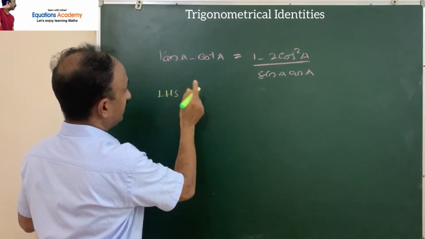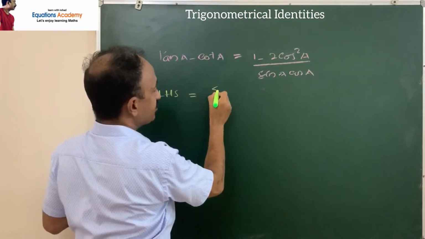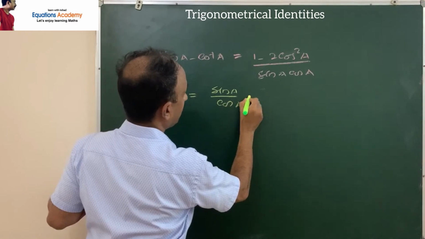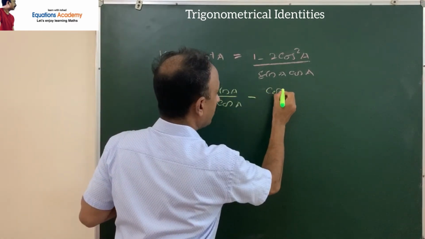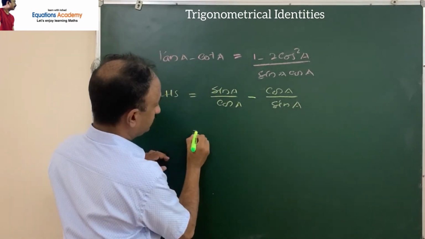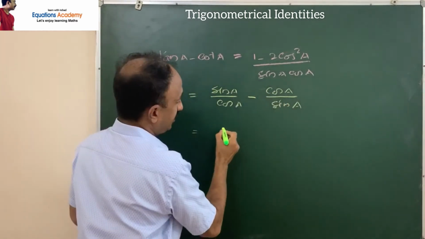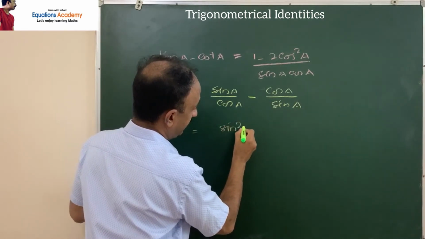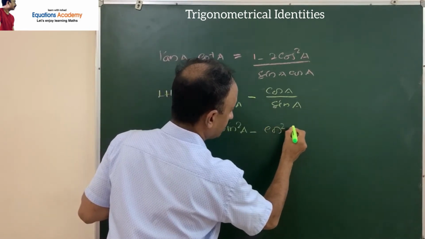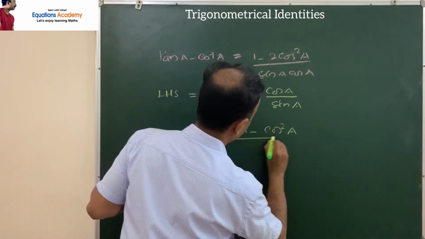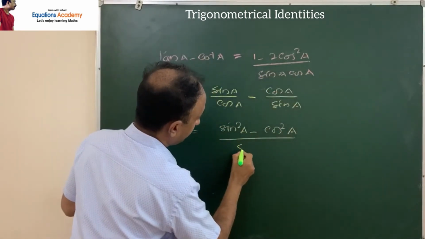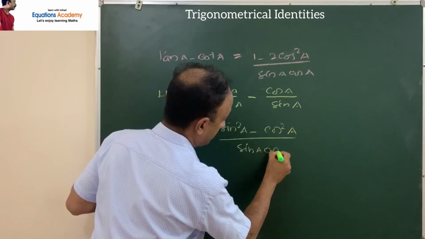LHS is equal to tan A, which is sin A by cos A, minus cot A, which is cos A by sin A. This is equal to sin A into sin A, sin square A, minus cos A into cos A, cos square A, divided by cos A into sin A, equal to sin A cos A.